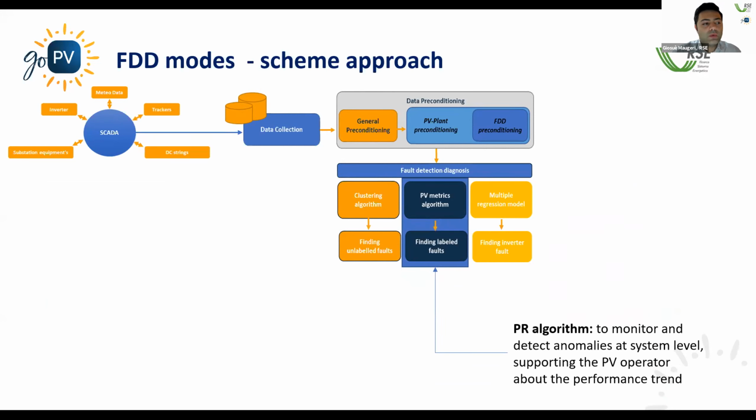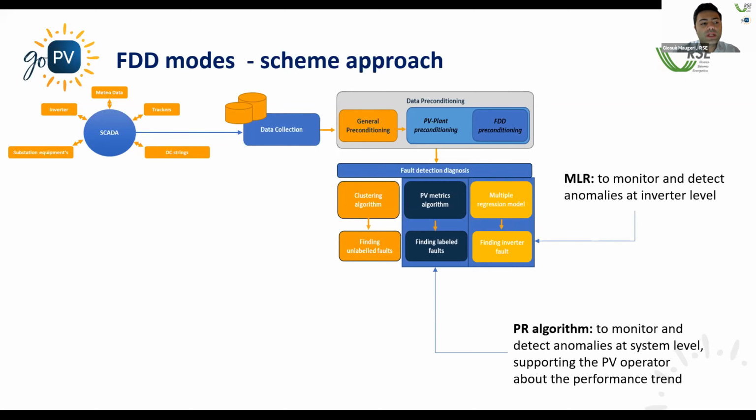We talk about the performance ratio algorithm to monitor the PV performance and detect anomalies at system level. Of course, PV field technicians are then supported by this algorithm, having a reliable interpretation of this performance metric. Then a multiple regression model to monitor the main inverter parameters to highlight malfunction at inverter level.